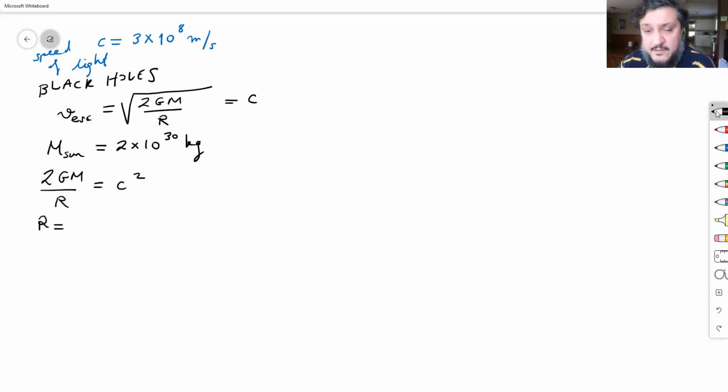Solving for R, 2GM, where M is the mass of the sun. The symbol for the sun is this, and the symbol for earth, I think, is this. So the mass of the sun is going to go here, divided by c squared.